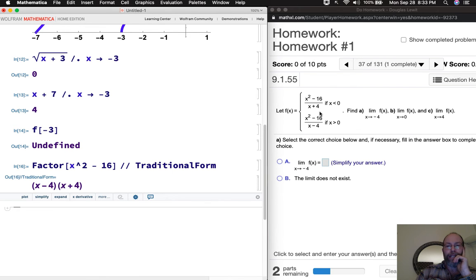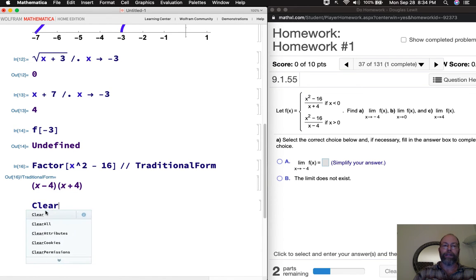So that means that when x is less than 0, f of x is going to be equal to x minus 4. Okay? Here, when x is greater than 0, I have x minus 4 times x plus 4 in the numerator. And if I divide by x minus 4, I'm left with x plus 4. So when x is greater than 0, I have x plus 4. Okay? So again, let's define this function.